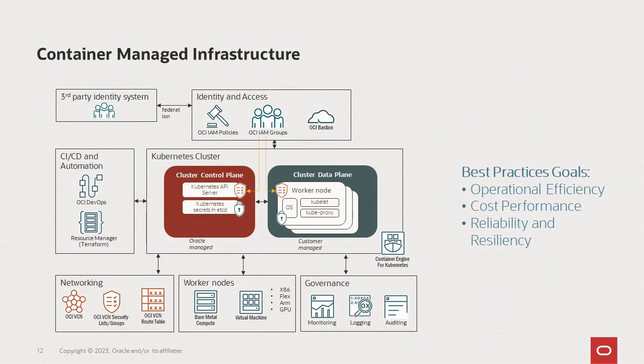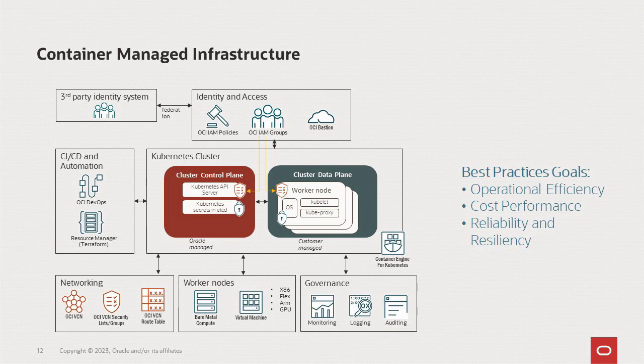Now, this view provides you a typical view, from an OCI perspective, of the tooling and the end-to-end life cycle of developing containerized applications. As you can see, OCI does provide you the state-of-the-art, latest and greatest Kubernetes cluster. It's a managed service. I'm going to talk about other options as well in the later slides.